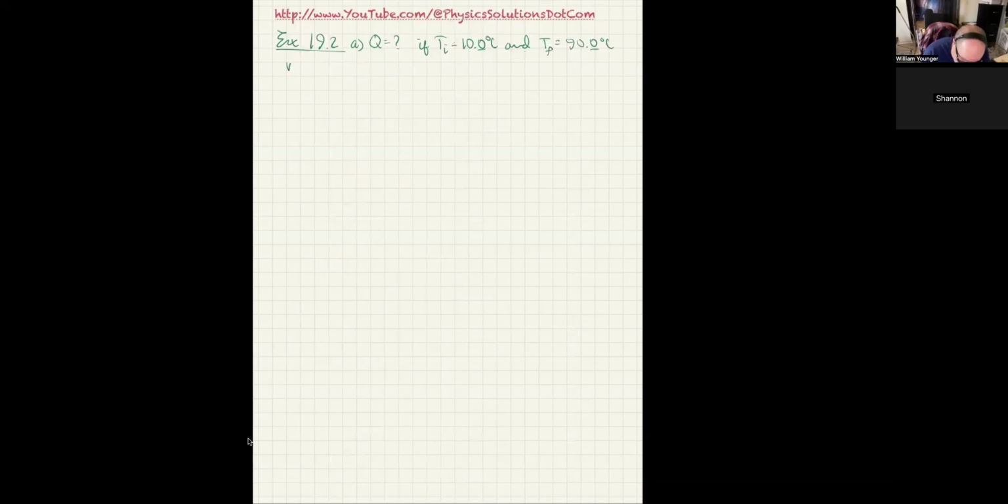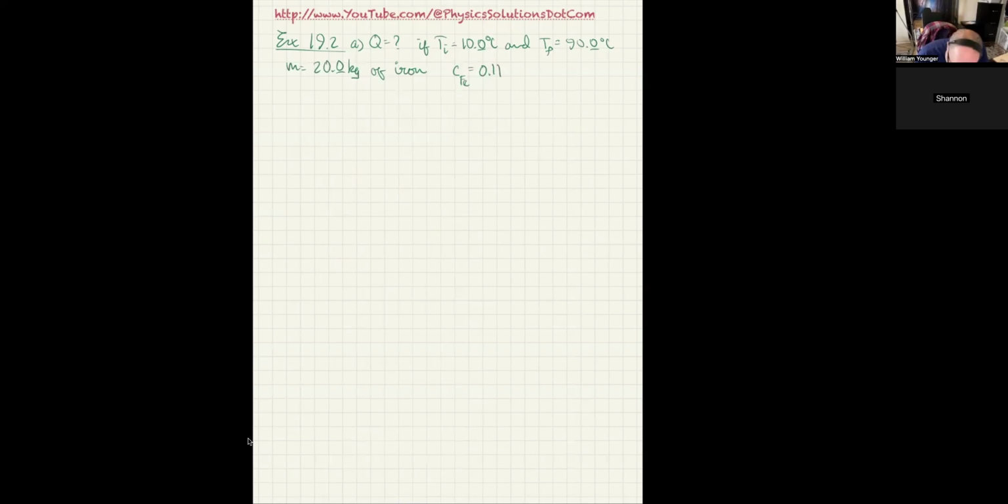And M equals 20.0 kilograms of iron or steel, whatever you want to call it. They have a table, table 19.1, that says iron or steel has a specific heat of 0.11. So C for iron is equal to 0.11.